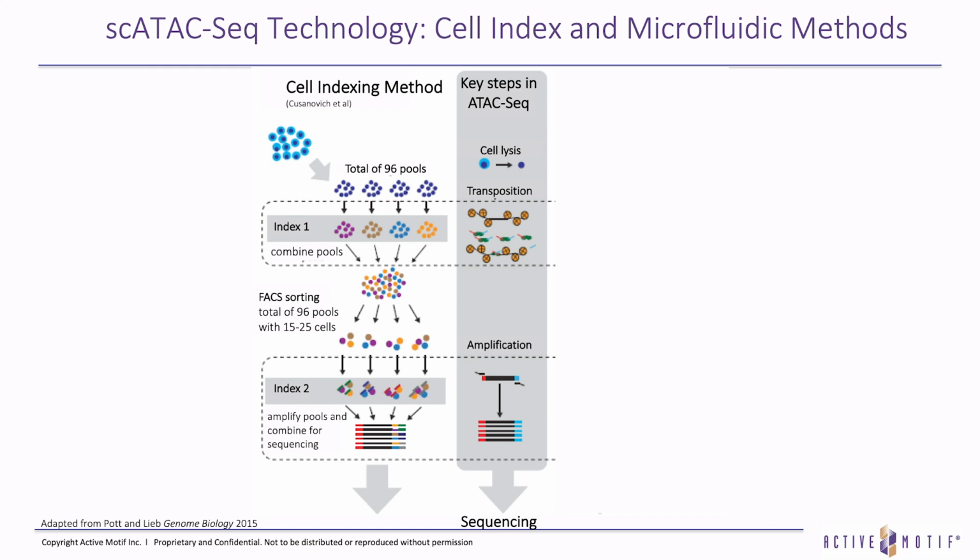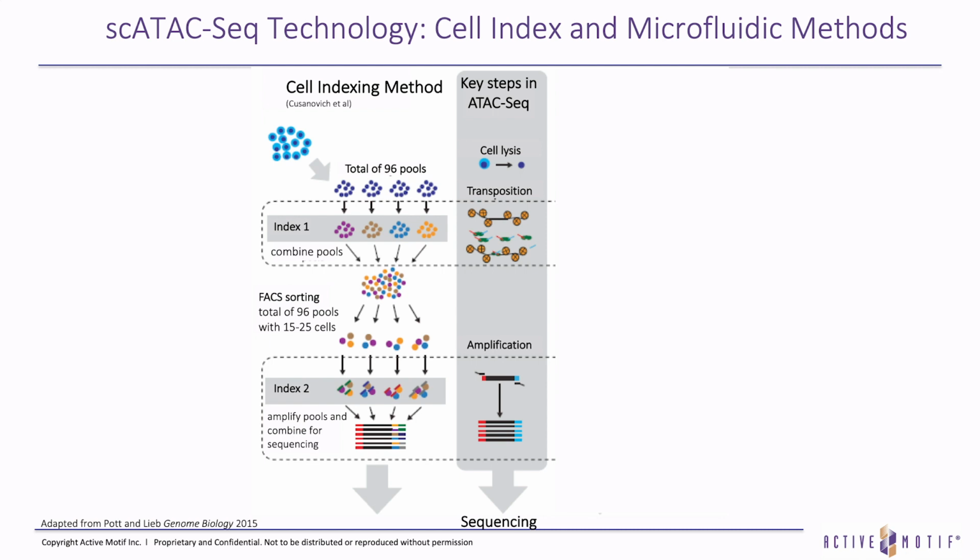With the combinatorial cell indexing method, you isolate nuclei and they're molecularly tagged in a 96-well plate format and then barcoded with transposase complexes. These tagged nuclei are then pooled and diluted and redistributed to a second 96-well plate at about 15 to 25 cells per well.